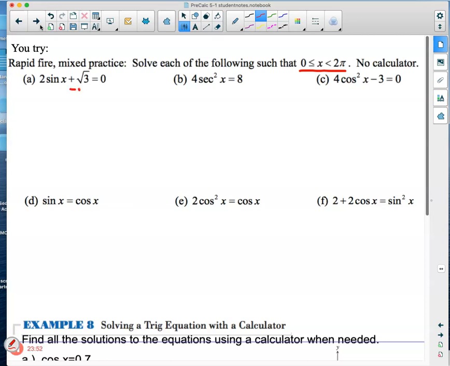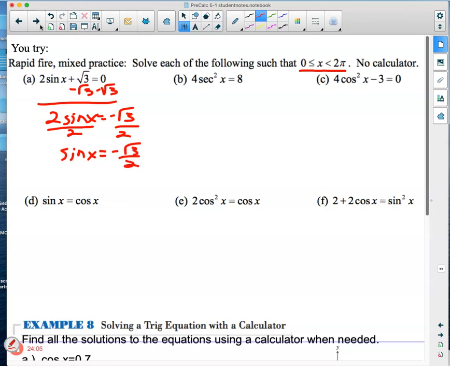I think if I subtract the square root of 3 from both sides and divide by 2, yeah, I think I know that one. I think that's a 30, 60, 90 triangle. And for my 30, 60, 90, sure enough, I see all the numbers that are going to work there.